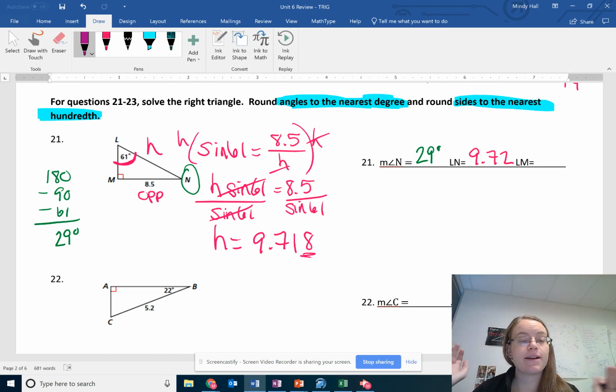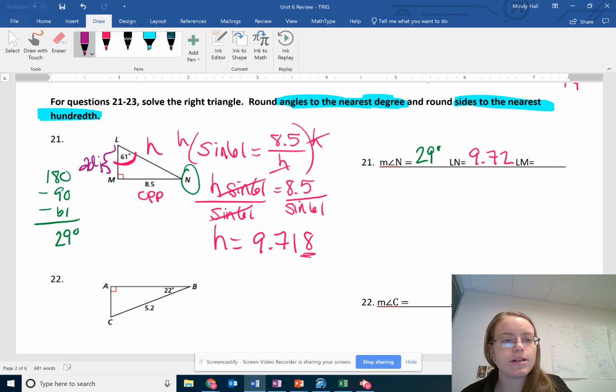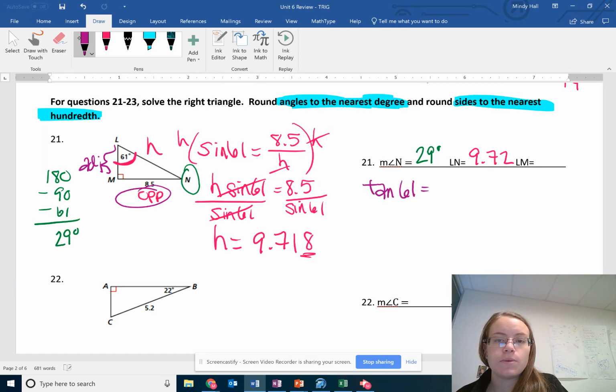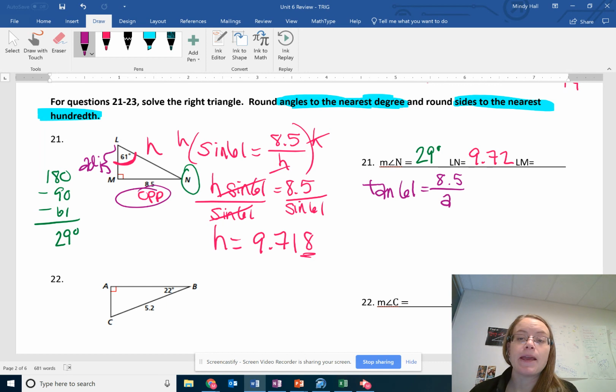But in order for it to be the most accurate, to find LM that is adjacent to the 61, I would actually use tangent so that I can use this opposite measure again. So then tangent of 61 equals opposite 8.5 over adjacent, which I don't know, so I'm just going to label it A so that I can tell the difference.